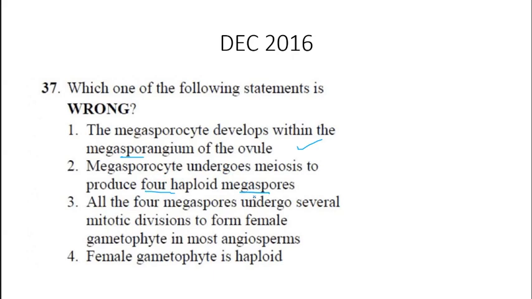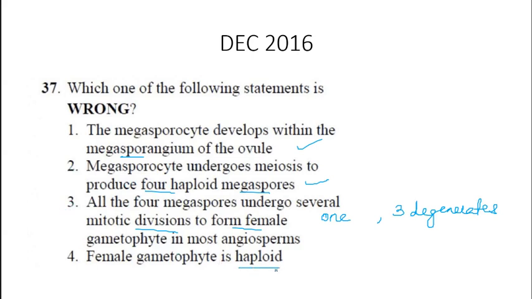All the 4 megaspores undergo several mitotic divisions to form the female gametophyte. No, only 1 undergoes several mitotic divisions and the 3 degenerate. We discussed the monosporic type. Female gametophyte is haploid. Yes, the gametophyte, be it female or male, is haploid. So 3 is the wrong one.